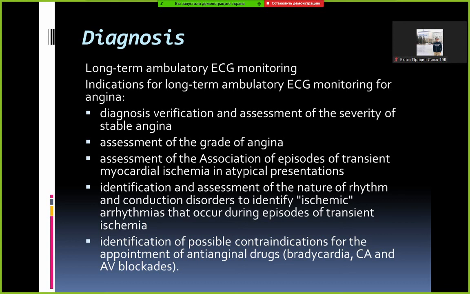Indications for long-term ambulatory ECG monitoring for angina are: the first, diagnosis, verification and assessment of the severity of stable angina, assessment of the grade of angina; assessment of the association of episodes of transient myocardial ischemia in atypical presentations; identification and assessment of the nature of rhythm and conduction disorders to identify ischemic arrhythmias that occur during episodes of transient ischemia; and identification of possible contraindications for the appointment of anti-anginal drugs.